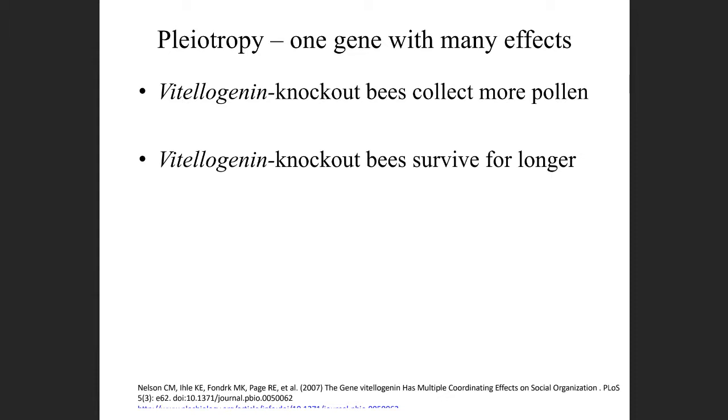So vitellogenin does many things. Vitellogenin knockout bees start foraging earlier. They also collect more pollen, so that means they probably are more sugar sensitive, so they're willing to learn flower sources. They also survive for a longer period of time. So it's not that either of those traits are costs, but there are other traits that are associated with the same gene.